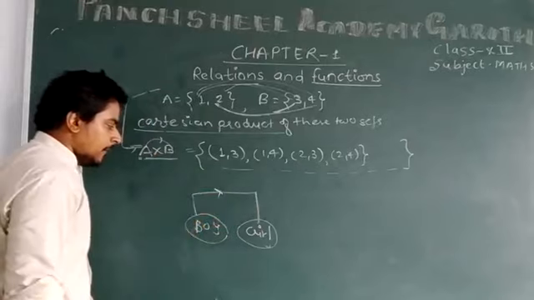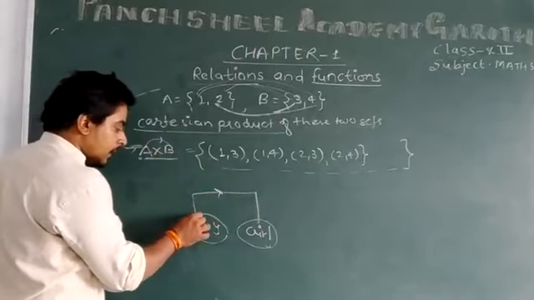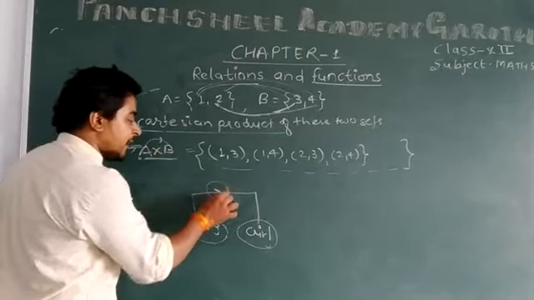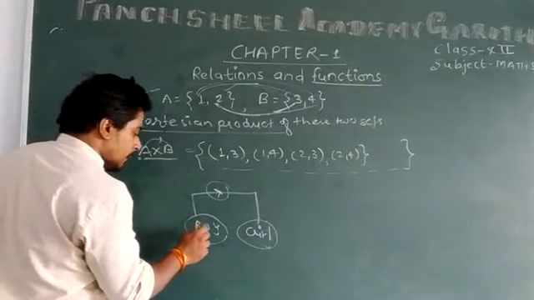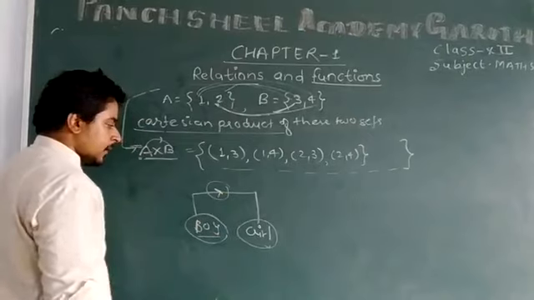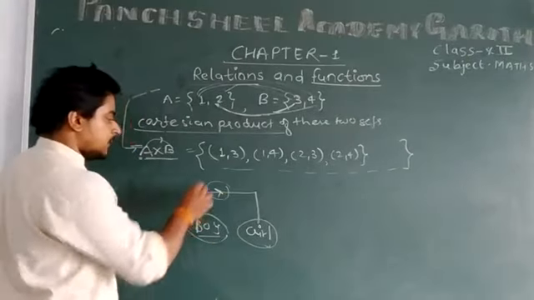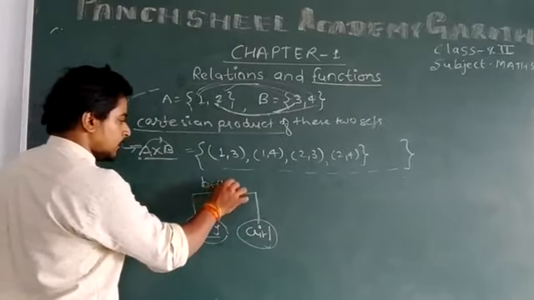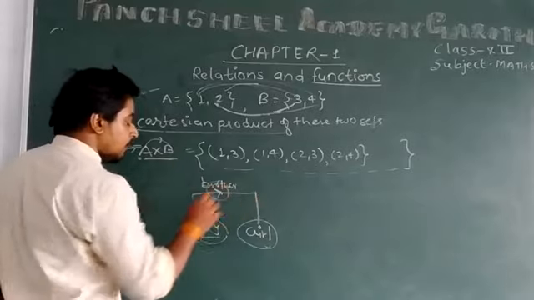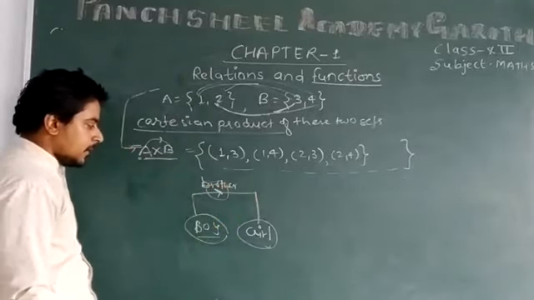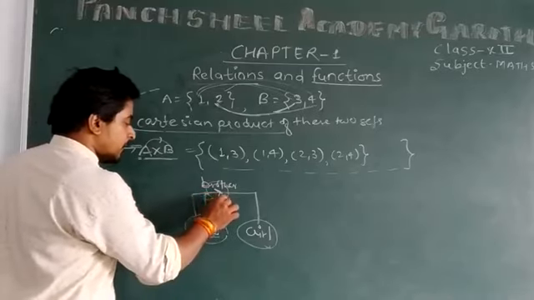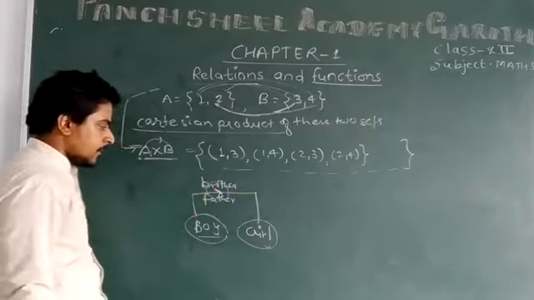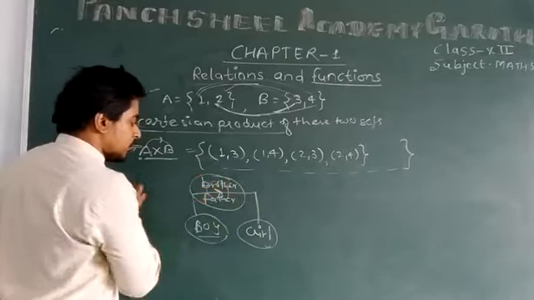What is the bond between them? There are so many different types of bonds between them. This boy could be the brother of the other, or this boy could be the father of the other. At least we are defining the two.